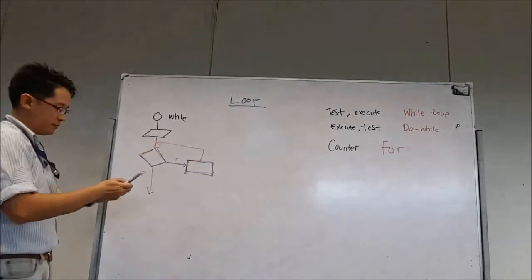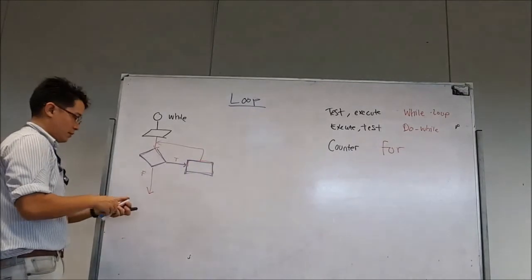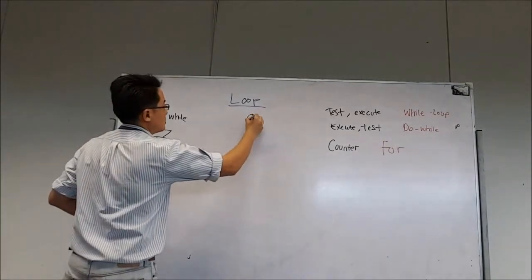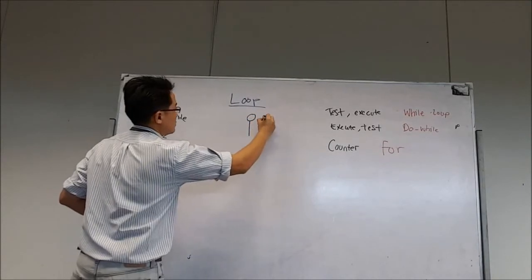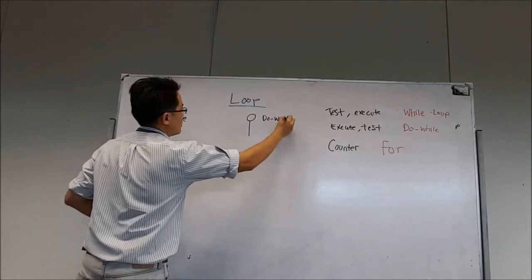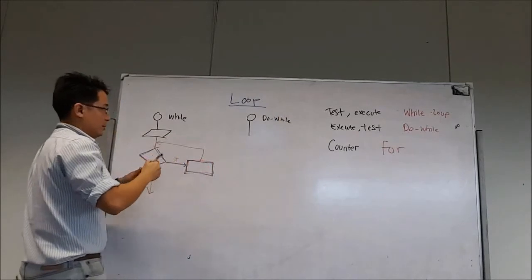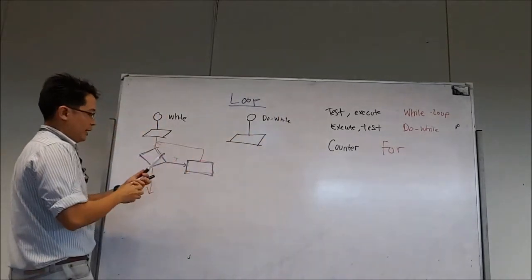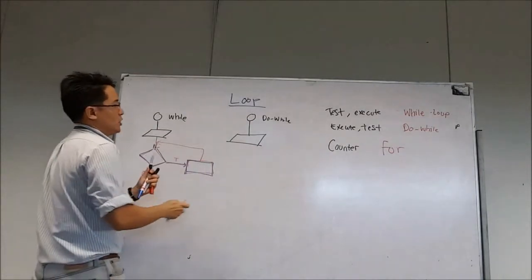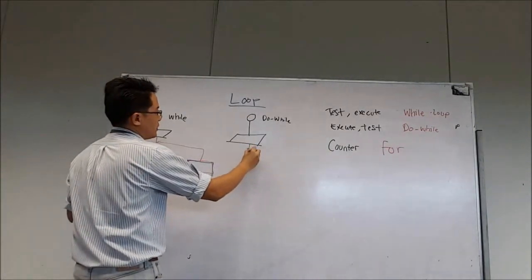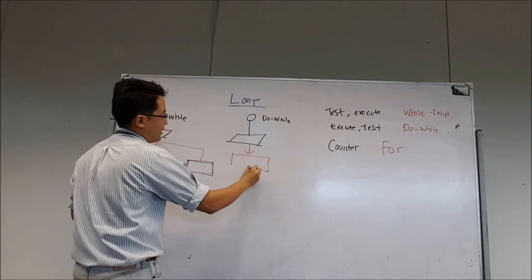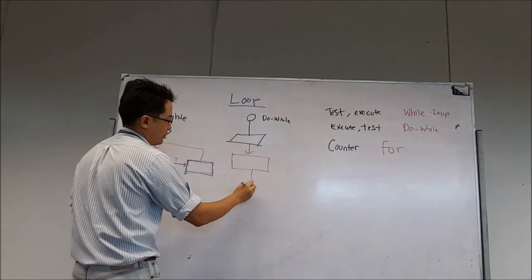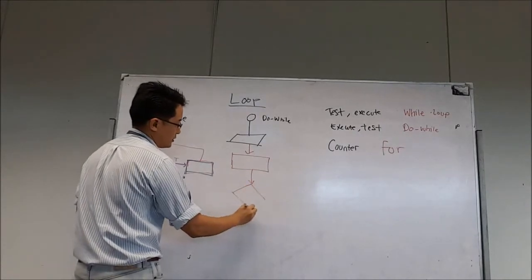For do while, of course you get the input first. Now here is the difference. You process the data first, then you check the condition.